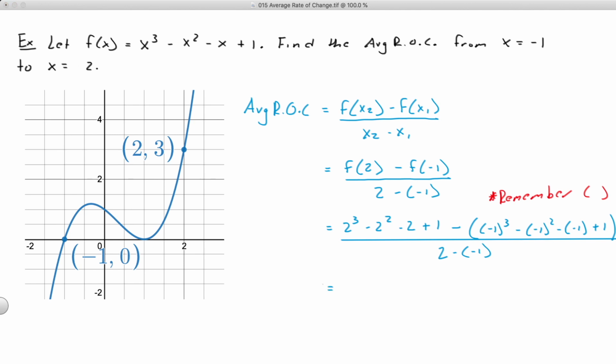Now, starting to simplify and do the arithmetic, 2 cubed is going to give us 8, minus 2 squared. 2 squared is going to give us 4, so minus 4 minus 2 plus 1. And then minus -1 cubed. If we multiply a negative by itself 3 times, that's still a negative, so this will be minus 1.